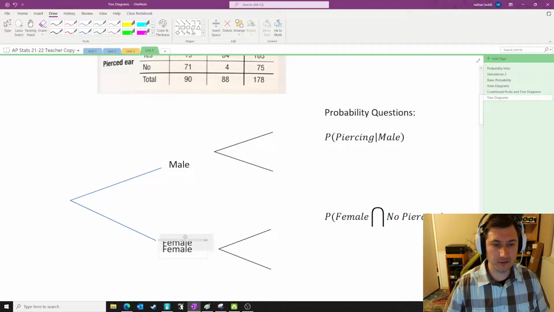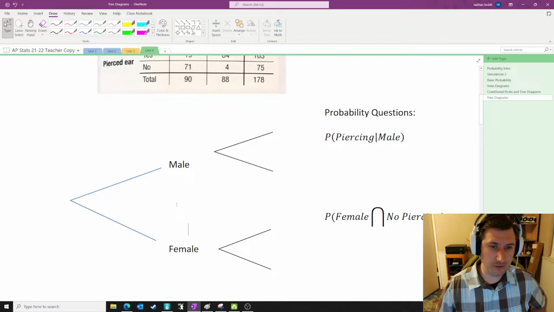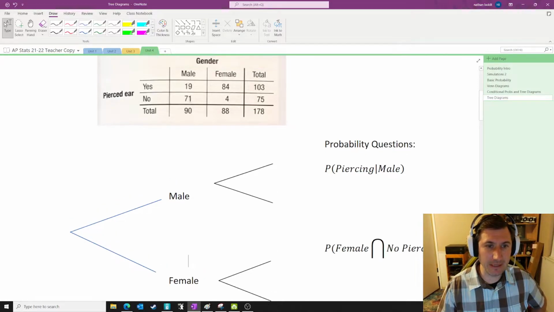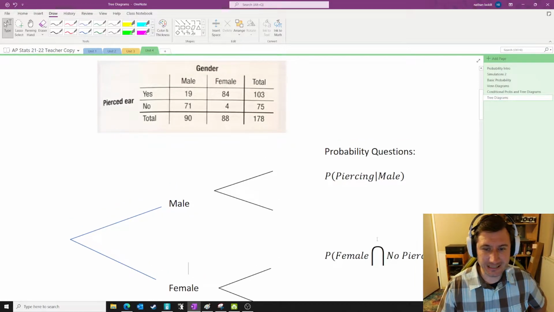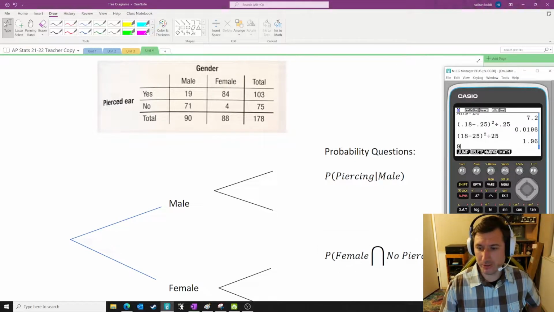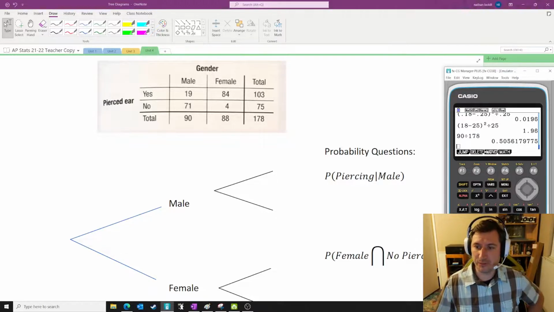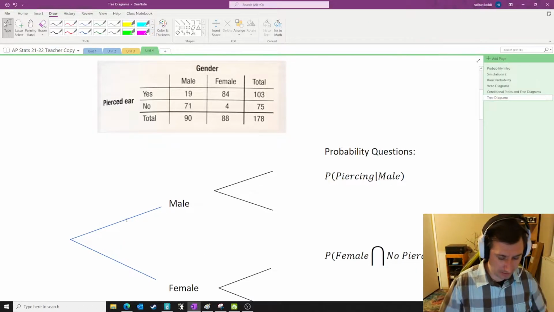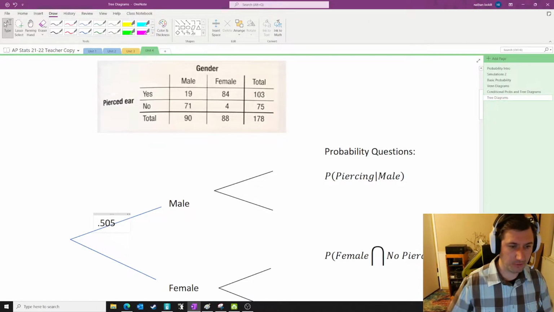And then you look at the probability for each of these to happen. Now, these are in the margins. So what is the probability that we pick a random person from this data and get a male? Well, that would be 90 out of 178. So we will do 90 divided by 178, and we will get 0.505.